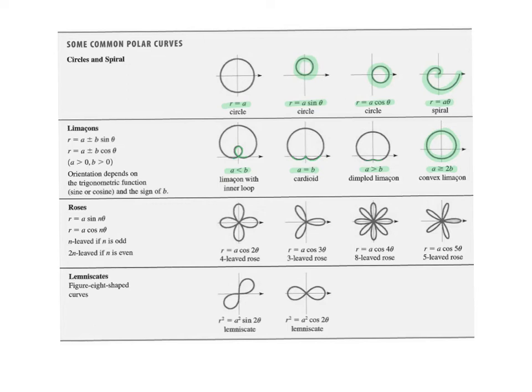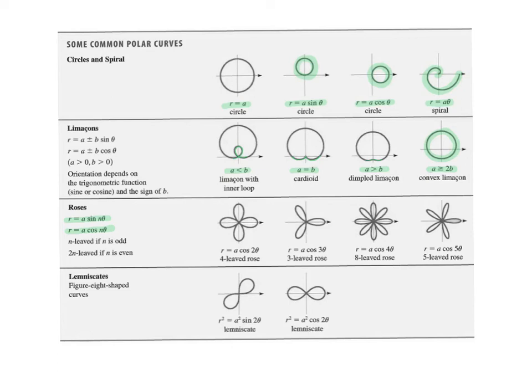We also have what's called roses. The roses depend on whether in the argument this n value is even or odd, and that gives you how many leaves of your roses you have. Again, you can put these in your calculator. Just do a few examples to verify.